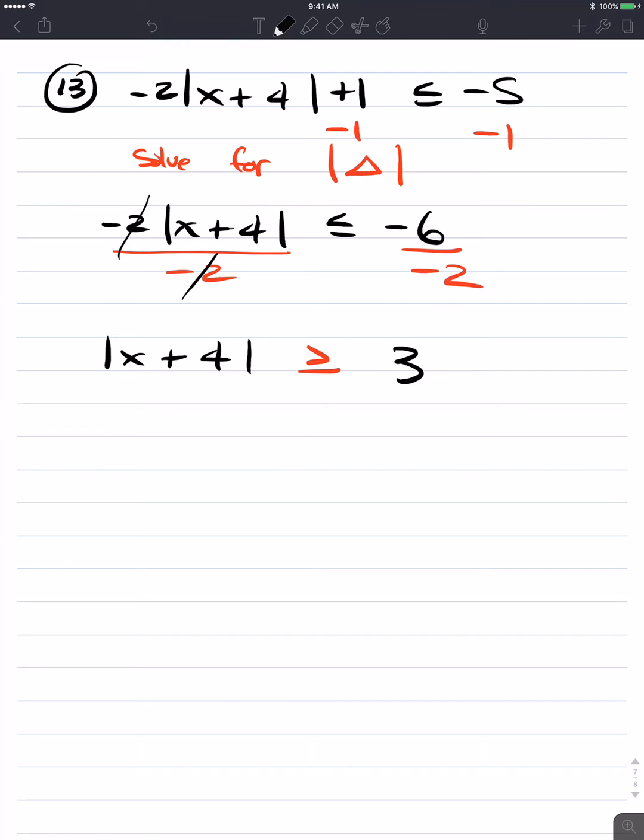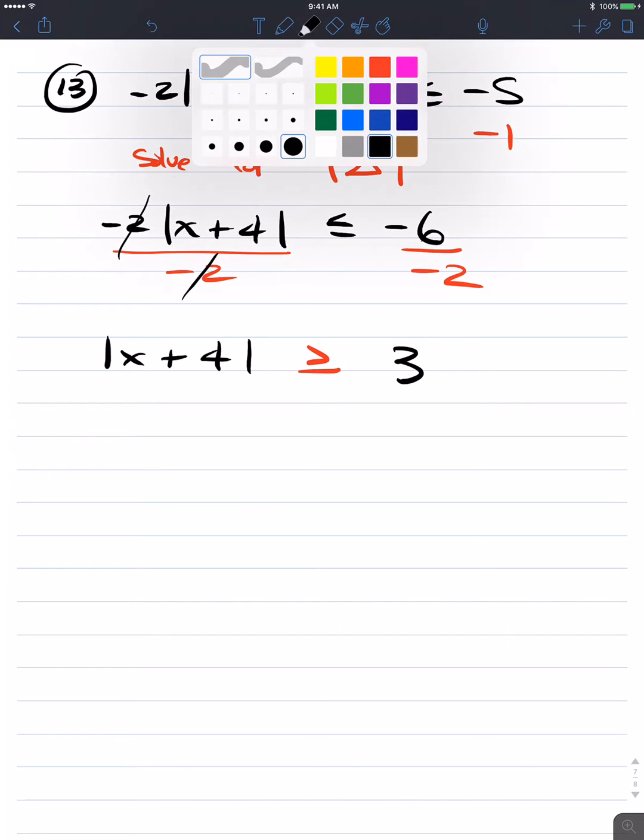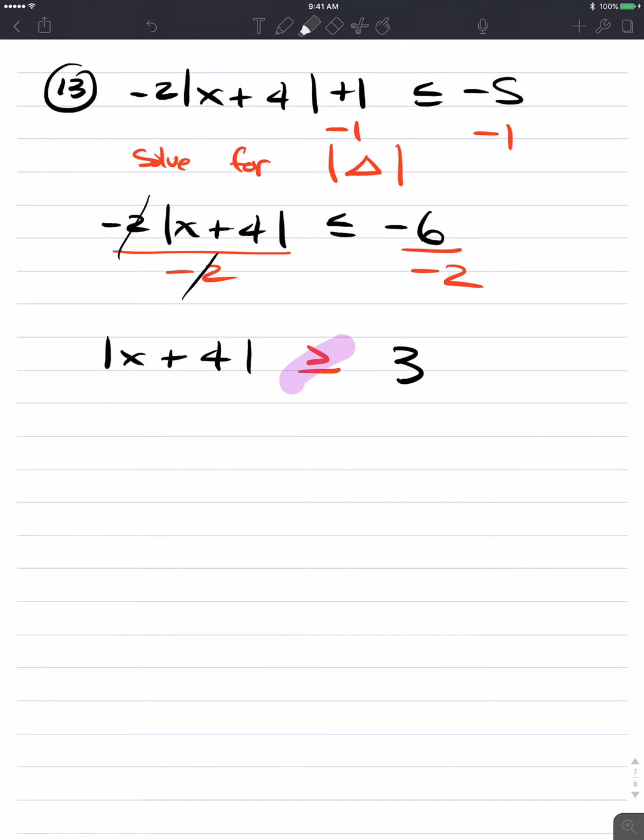We're going to notice something important here. Our inequality sign is greater than in relation to the absolute value. Again, this is the union.